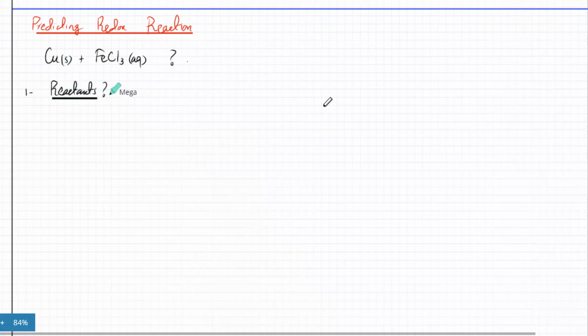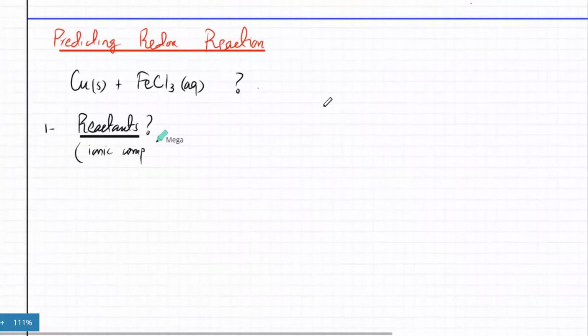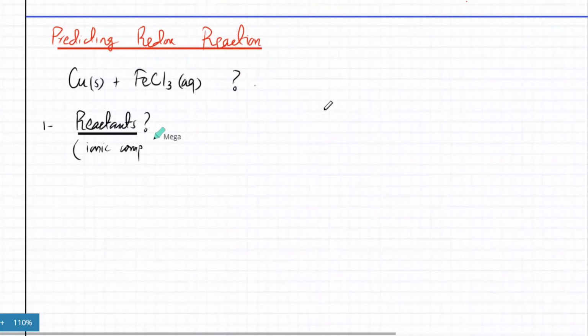Who's your reactants? And when you list down reactants, you've got to treat ionic compounds as separate ions. For example, if there's NaCl, in the data booklet or in the equations, you wouldn't see NaCl together. You'll see Na+1, you'll see Cl-1. There'll be separate reactions for them.